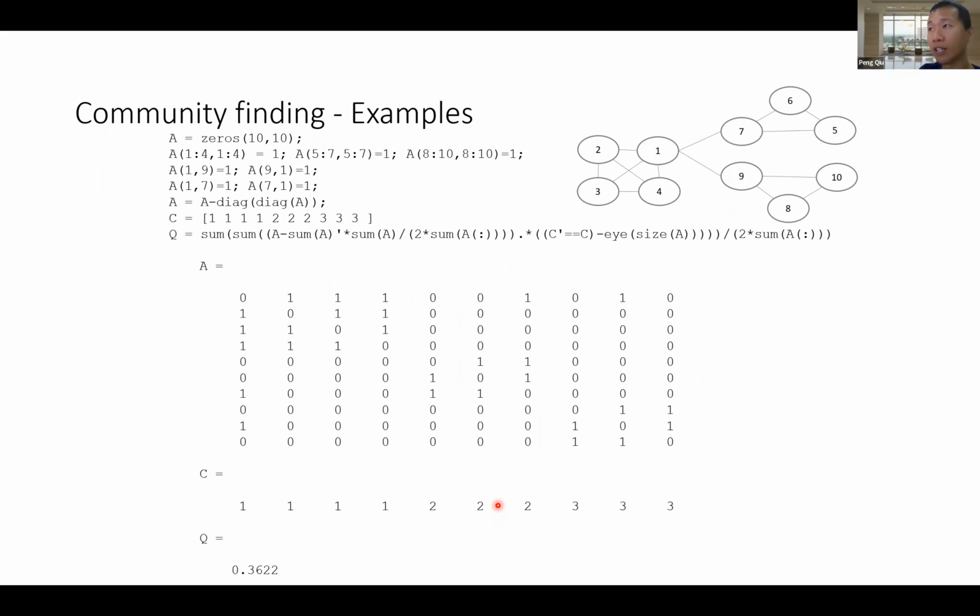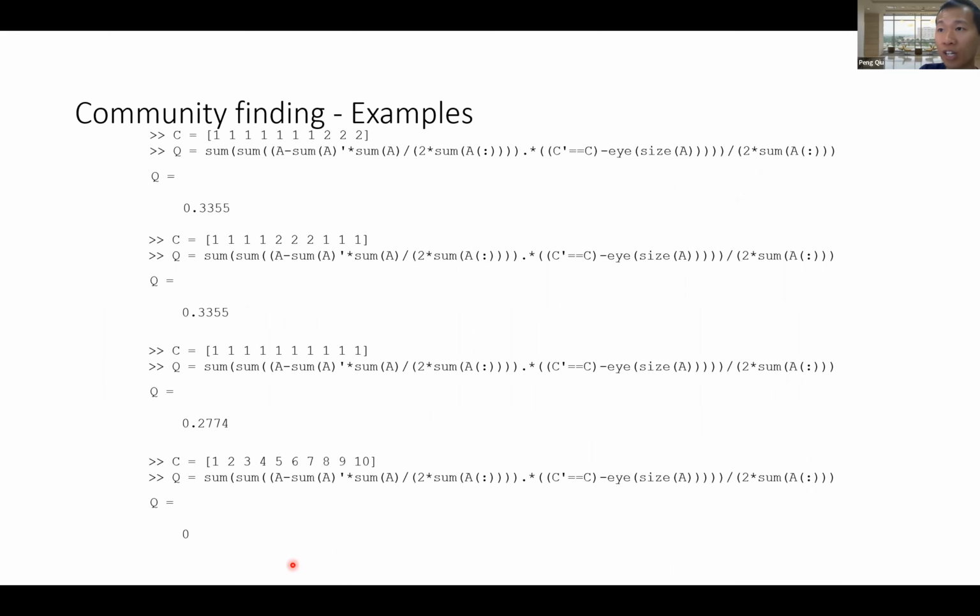Okay, and here is another example, right? There should be 3 clusters, and a 3 cluster suggestion gives you the highest modularity, 0.36, but the other possible suggestions all give you a lower Q or lower modularity.